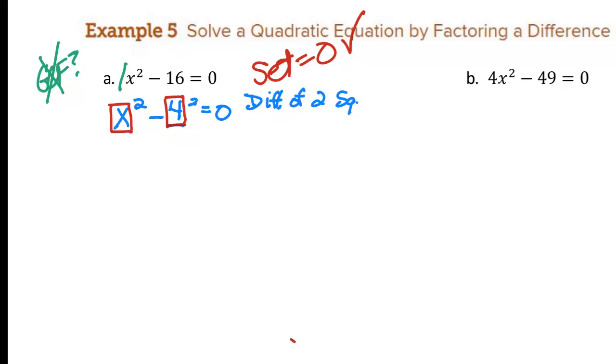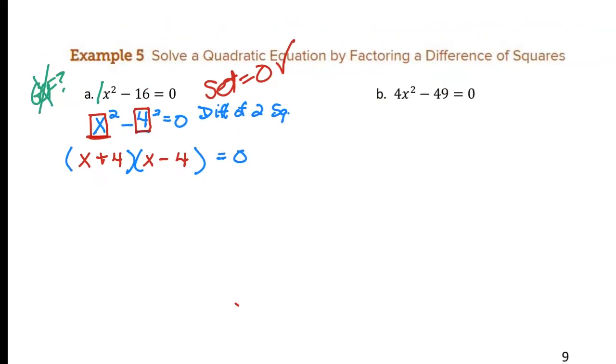So when you set up your two sets of factors, you put this first value, x, and you say plus 4, and the other one is going to be x minus 4 equals 0. So some of you are like, wait, where does she get that? That's that a squared minus b squared, and it is a plus b times a minus b. That's where we got that.